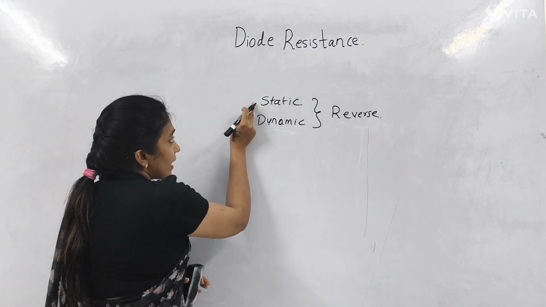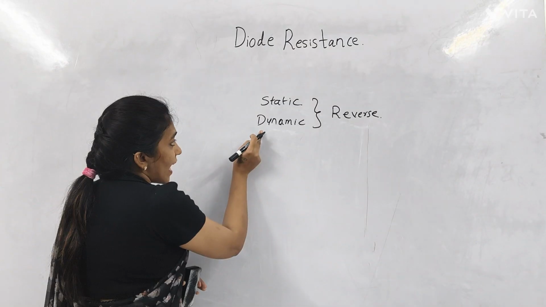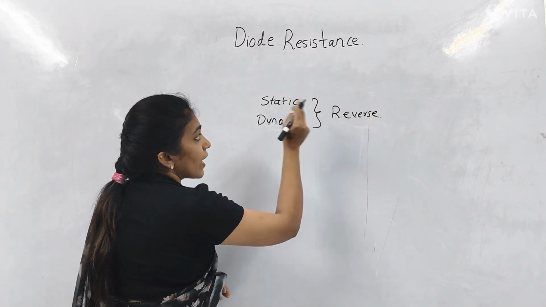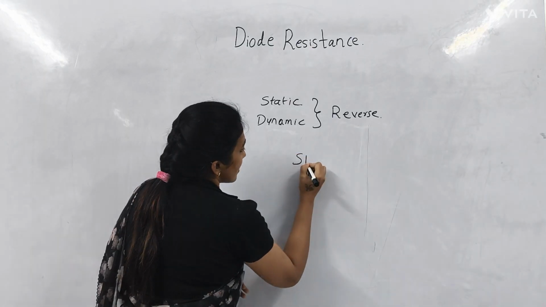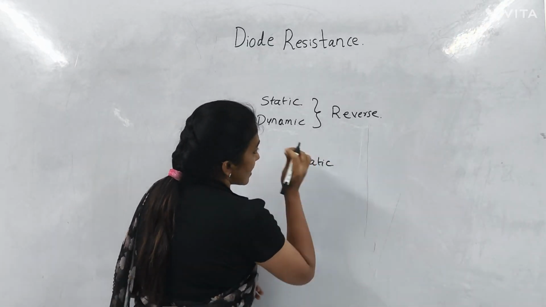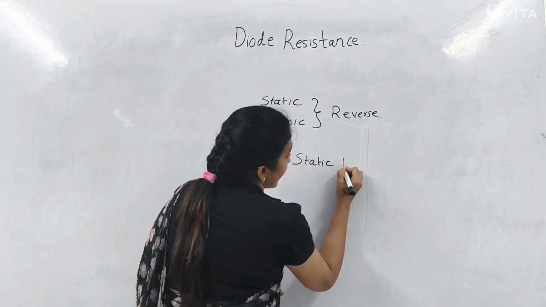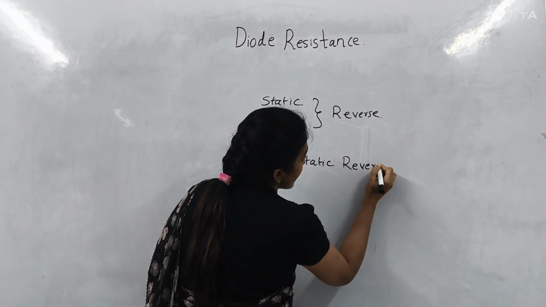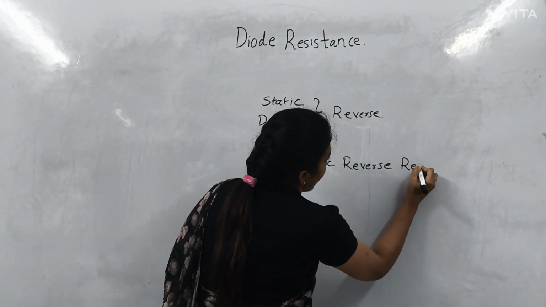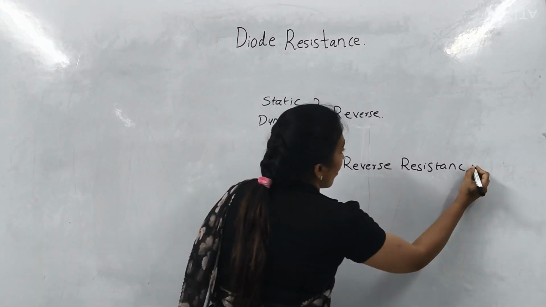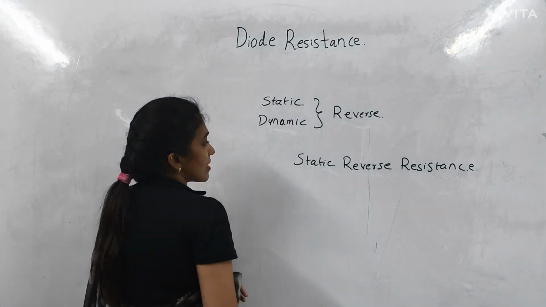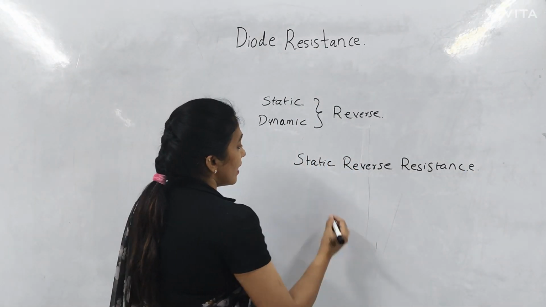So we need to calculate the static resistance and dynamic resistance when the diode is in reverse bias condition. First, we'll explain static reverse resistance. You already know the formula of static resistance, right?